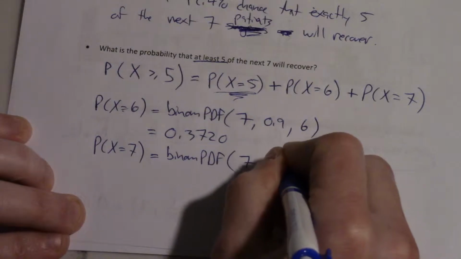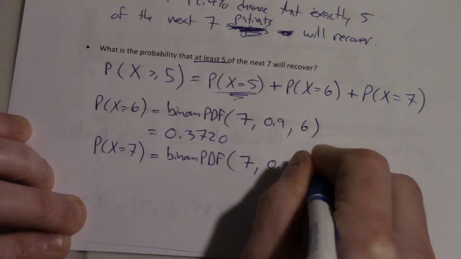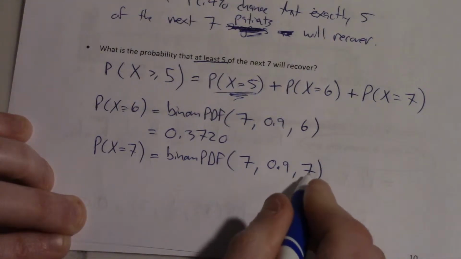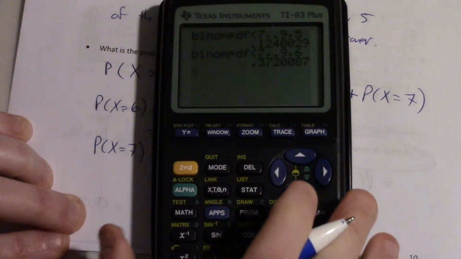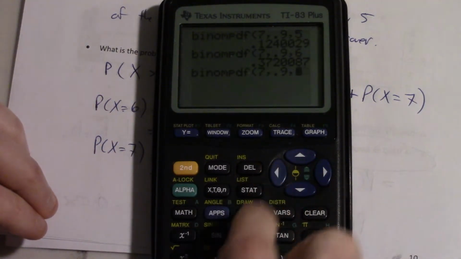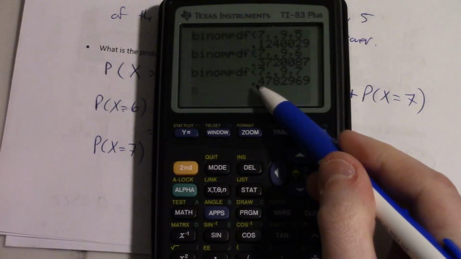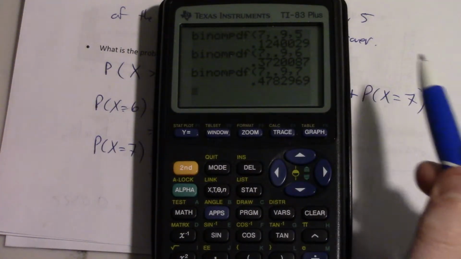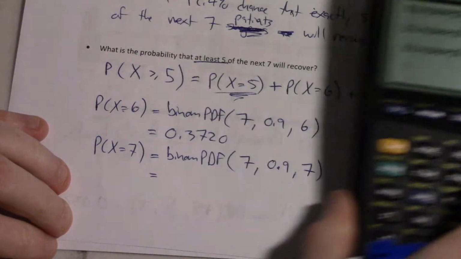The probability that any one of them is successful is still 0.9. All that changes is the number of successes we want. We want 7 recoveries. The probability that we see all 7 recover, exactly 7 recover, is 0.4783, we'll call it.